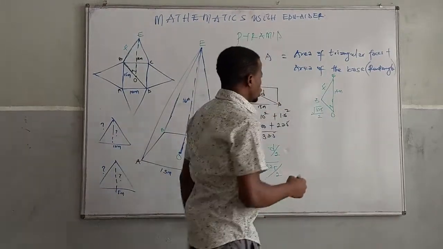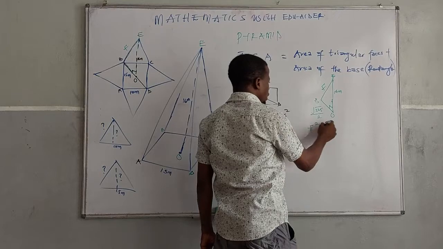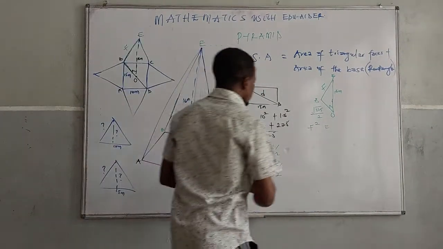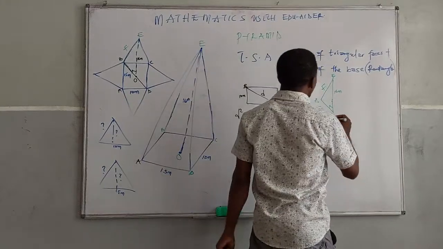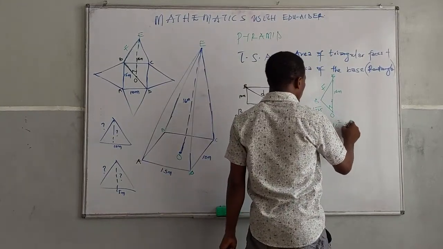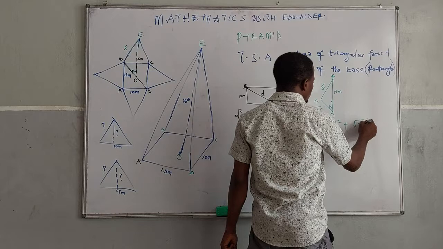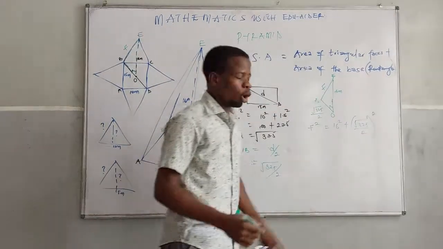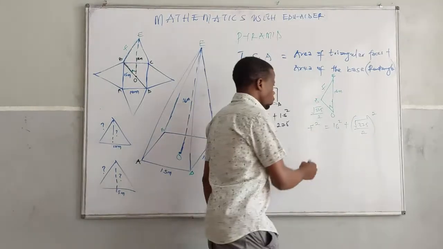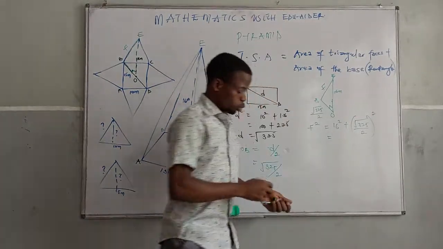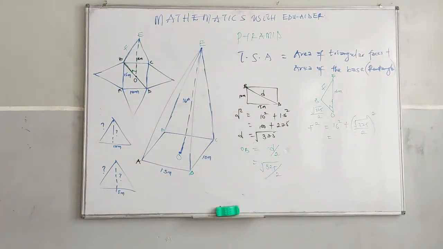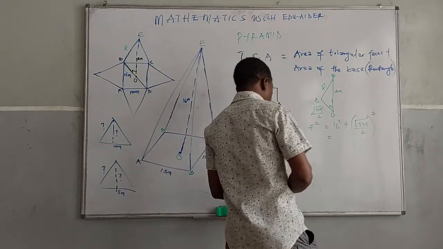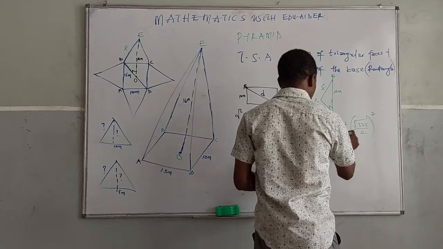So using Pythagoras theorem again, F squared is equal to 16 squared plus the square root of 325 over 2, all squared. That's what we have there. 16 squared is 256.